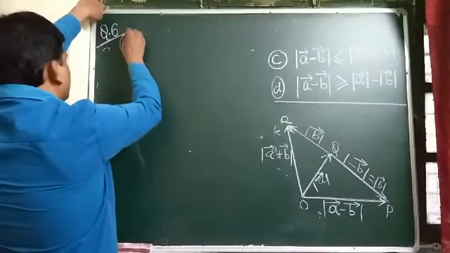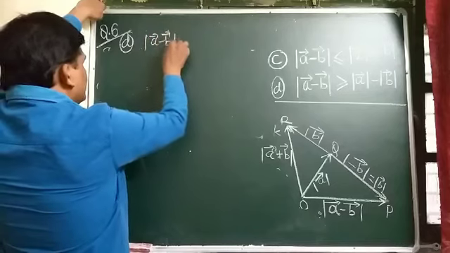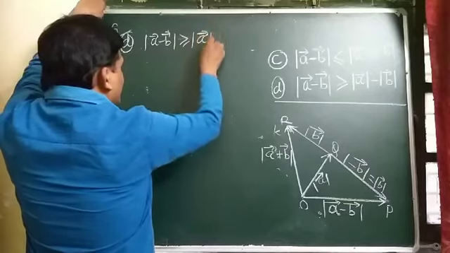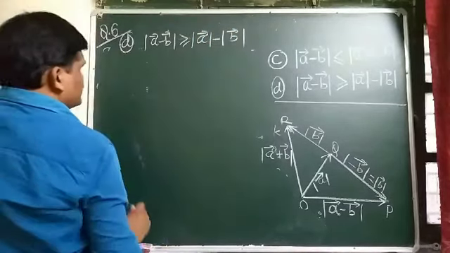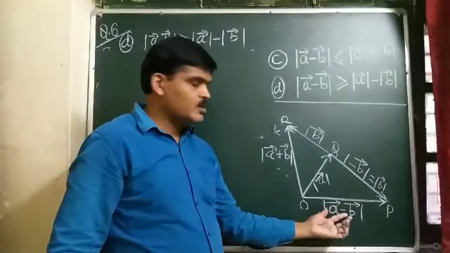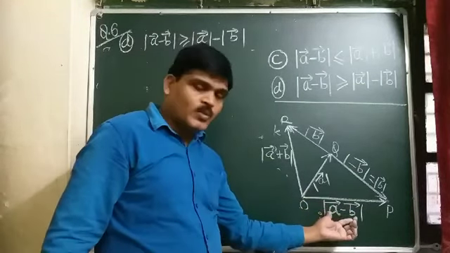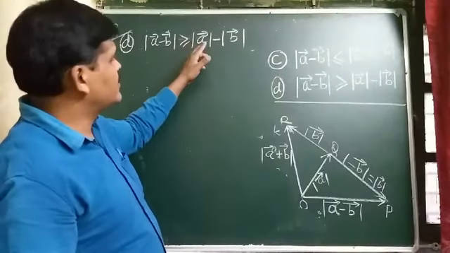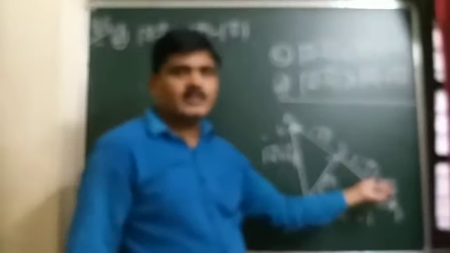Mod vector A minus vector B is greater than or equal to mod vector A minus mod vector B. And student, again we use the triangle property: one side of a triangle is greater than the difference of the two other sides of a triangle.